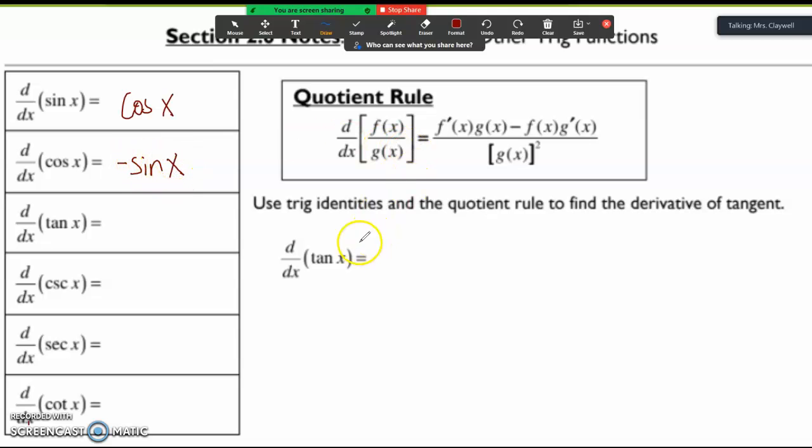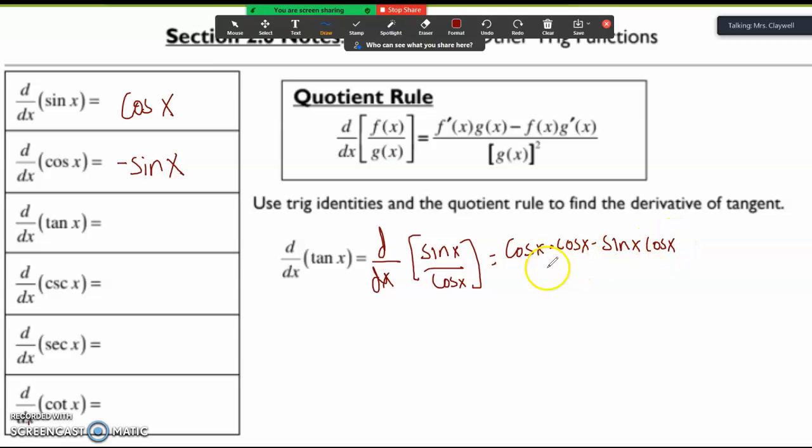So we're going to take that and think about how to find the derivative of tangent. I can write tangent in a way that allows me to use the quotient rule: sine over cosine. We know that's low d high minus high d low, and then we square what's down below.